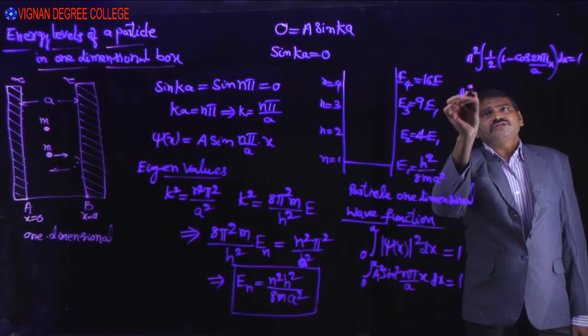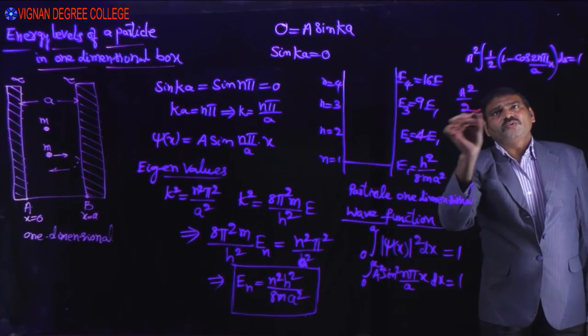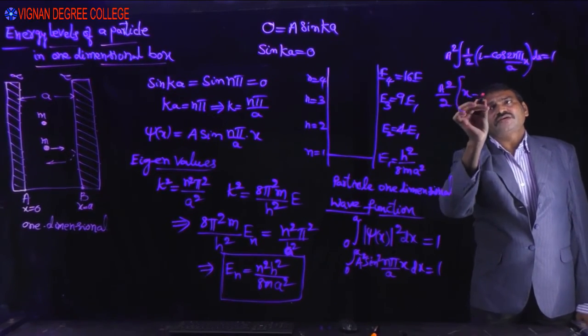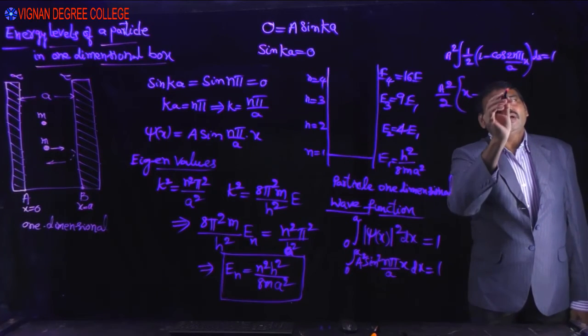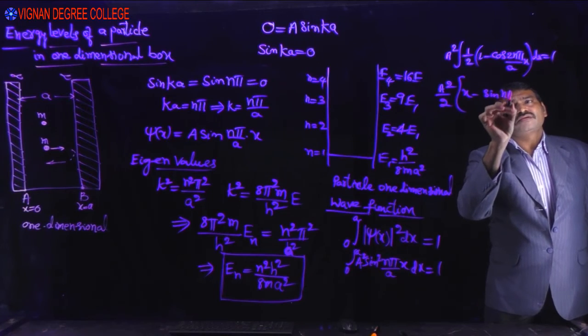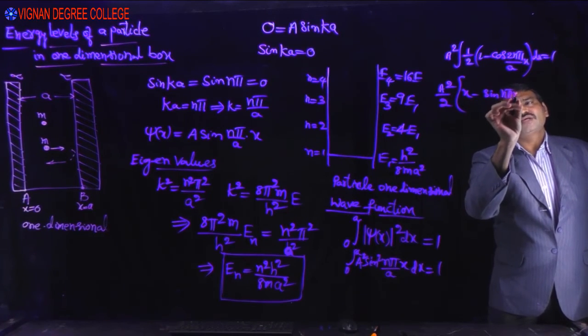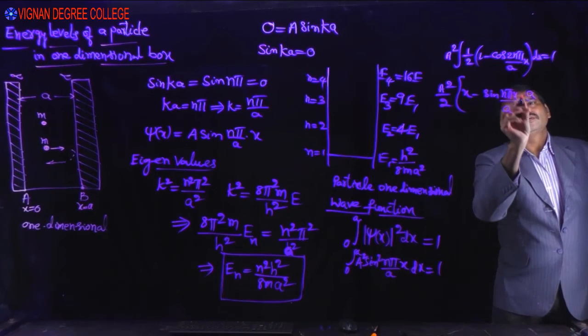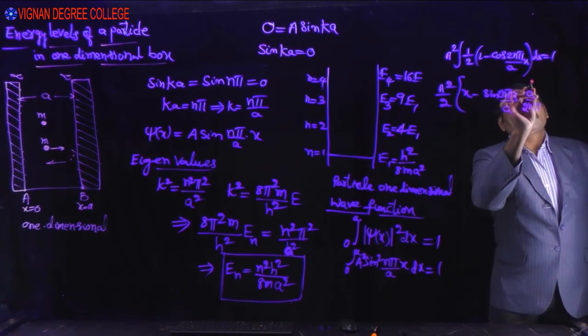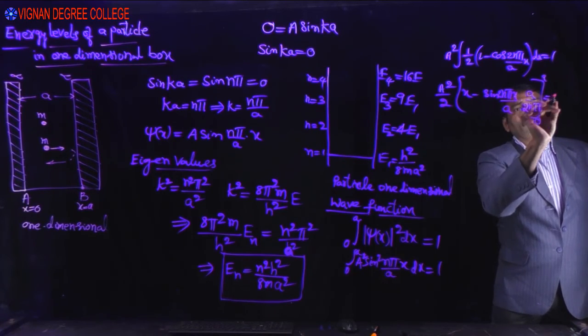A square by 2 times the integration of 1 into dx is x, minus the integral of cos x, which is sin n pi x by a into a by 2n pi, from 0 to a. This is equal to 1.